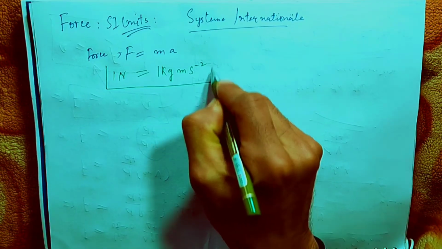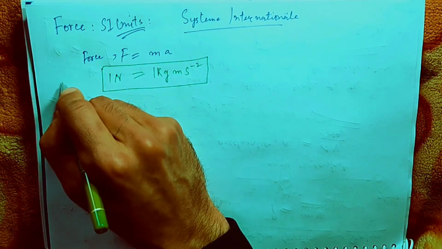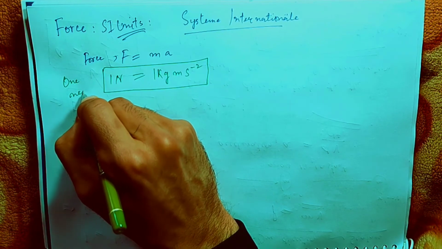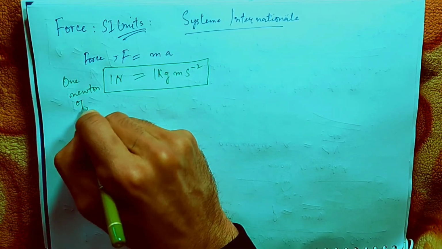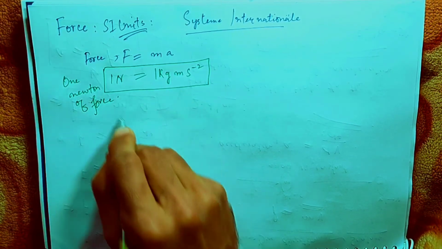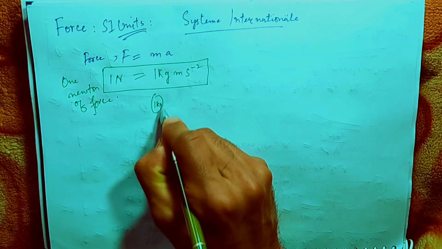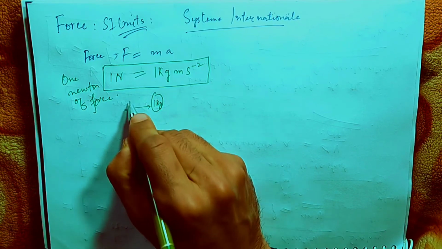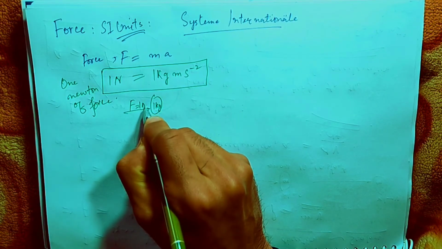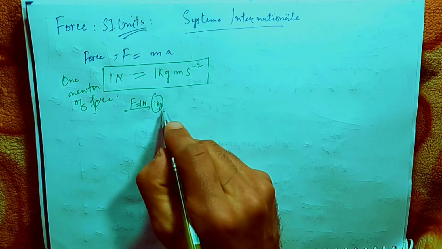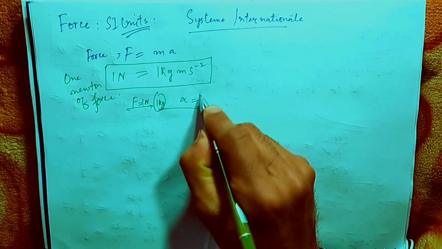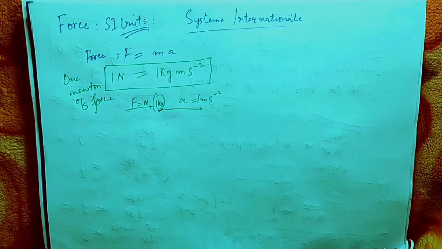So this gives the 1 Newton quantity of force. 1 Newton of force is that much force which is applied on 1 kg of any substance and causes an acceleration of 1 meter per second square.